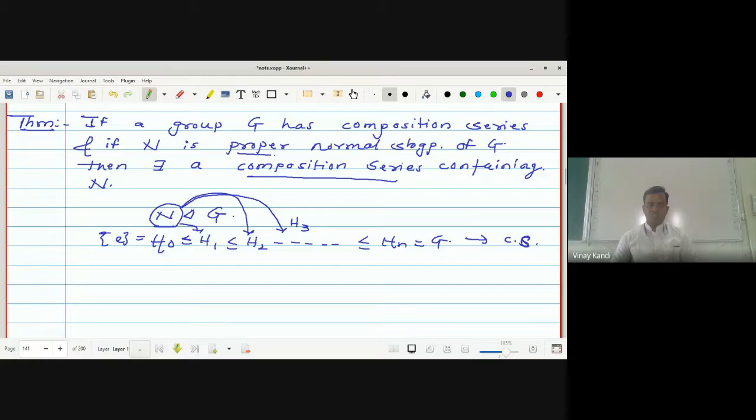Because N is a proper normal subgroup. Why could N not coincide with H0? Because H0 is improper, but here N is a proper normal subgroup of G. So somewhere from H1 to Hn minus 1 in that series, N will coincide with one of them. Any doubt? No, sir.